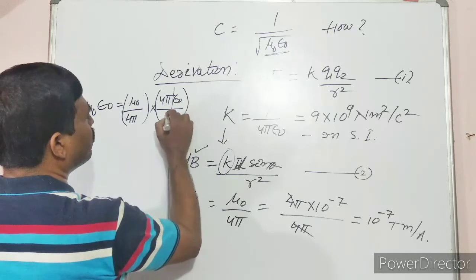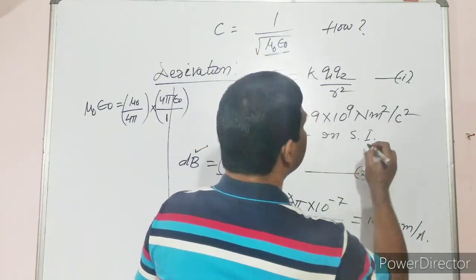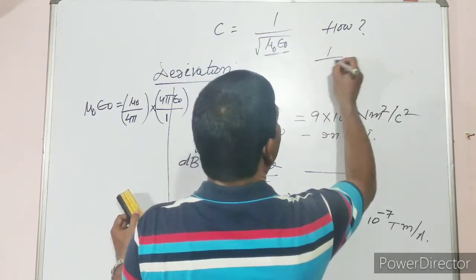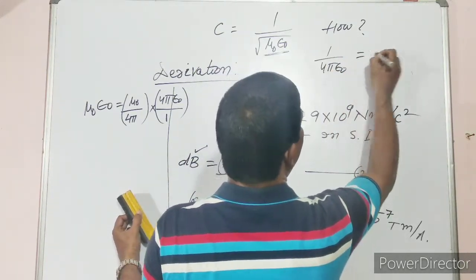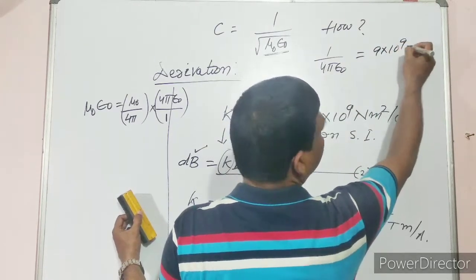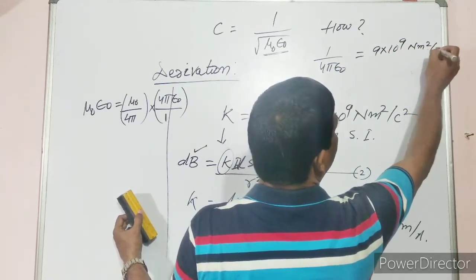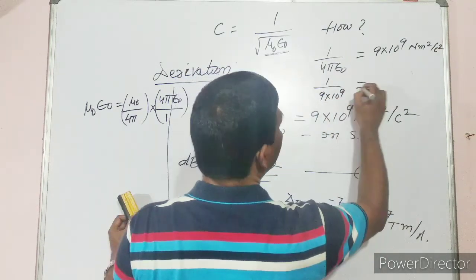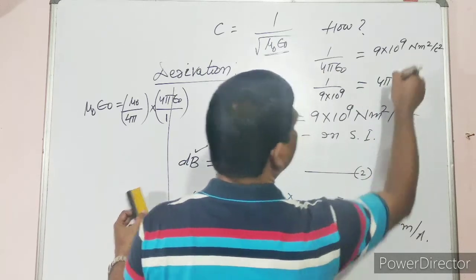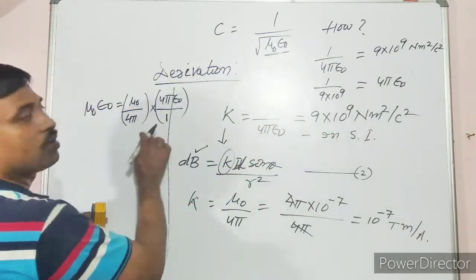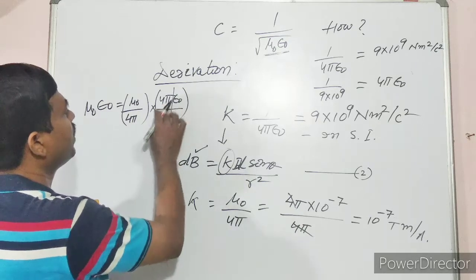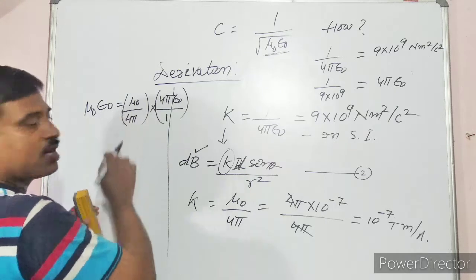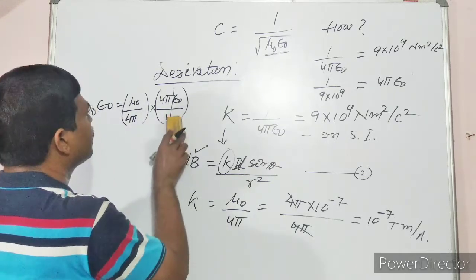Can anybody write this? 1 by 4 pi epsilon naught is equal to 9 into 10 to the power 9 Newton meter square per Coulomb square. So 1 by 9 into 10 to the power 9 is equal to 4 pi epsilon naught, inversely proportional. Now if we check this, 4 pi cancels, then mu naught epsilon naught. Here you are getting both sides equal. I am erasing this line.